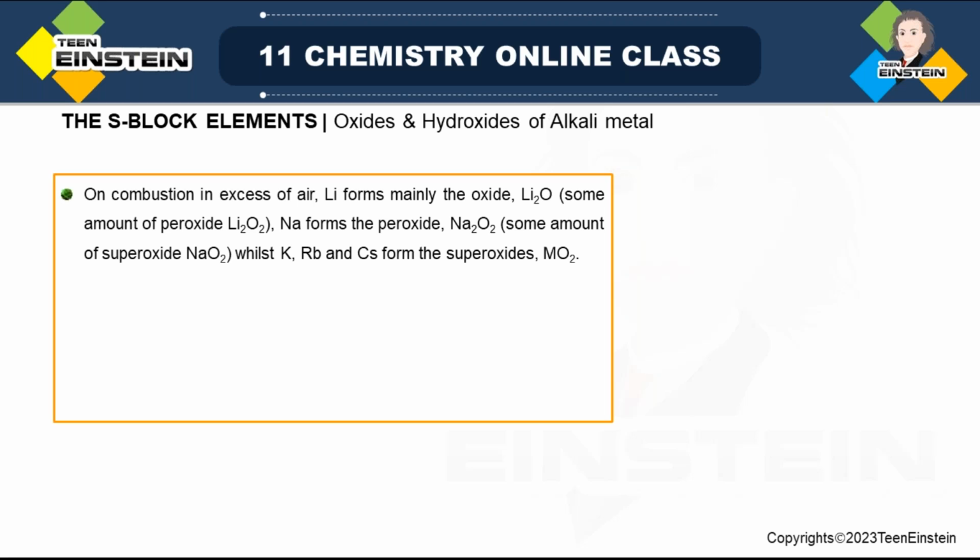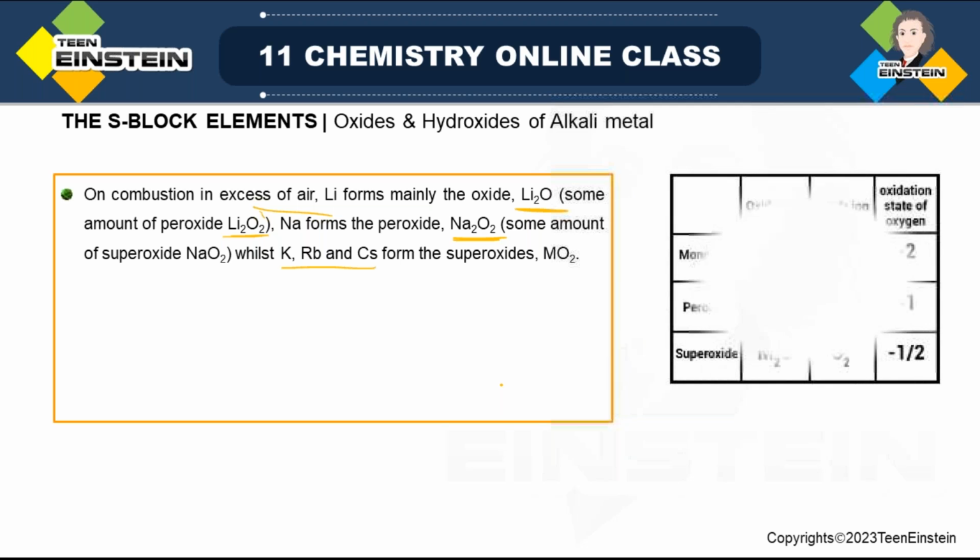After this we will also see halides. The first statement says that on combustion in excess of air, we have already seen that lithium forms Li2O. Some amount of Li2O2 may be there, but that is insignificant. Sodium mainly forms Na2O2, and these three form superoxide, formula MO2. This information we have already seen in the chemical properties part.